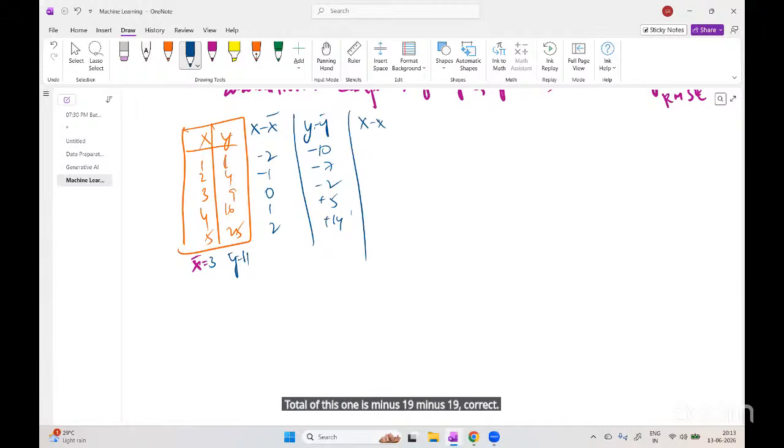Now x minus x bar into y minus y bar: 20, plus 7, 0, plus 5, plus 28.